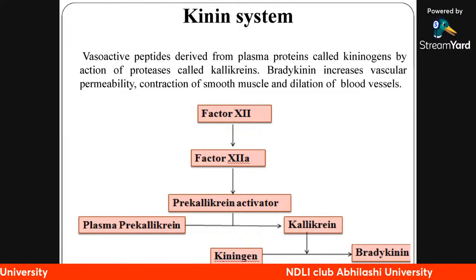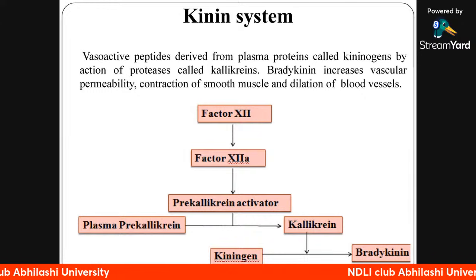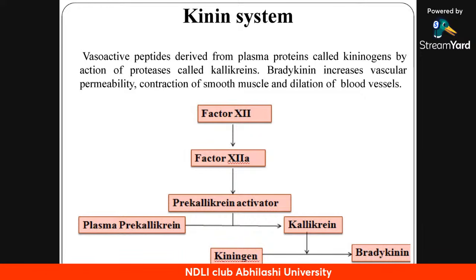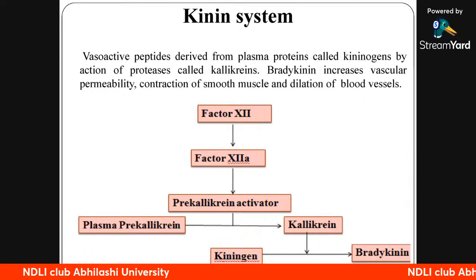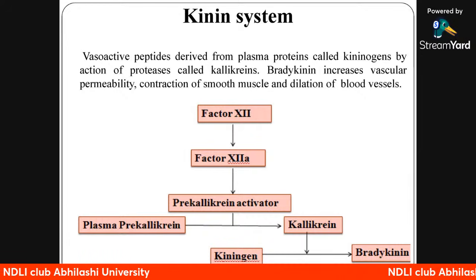This is the flow diagram of the kinase system. Factor 12 activates factor 12A, which generates bradykinin. Bradykinin acts in the early stage of inflammation, and its effects include increasing vascular permeability, contraction of smooth muscles, and dilation of blood vessels.